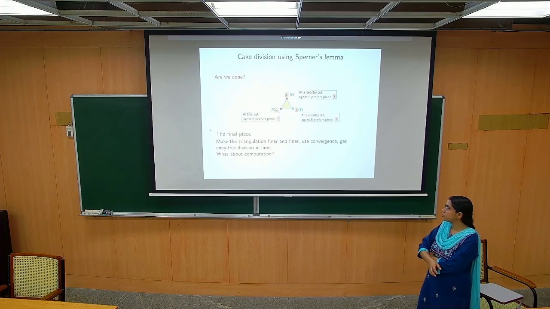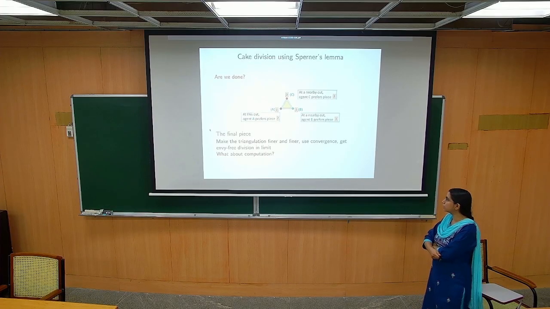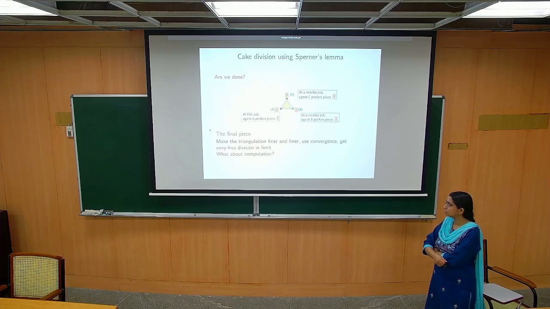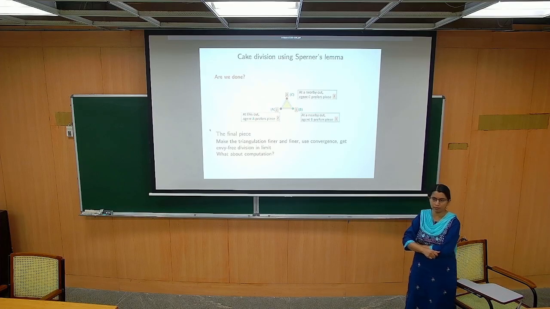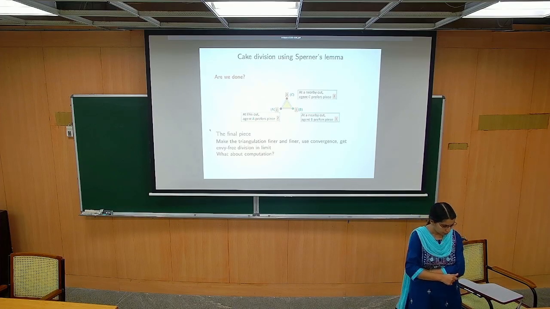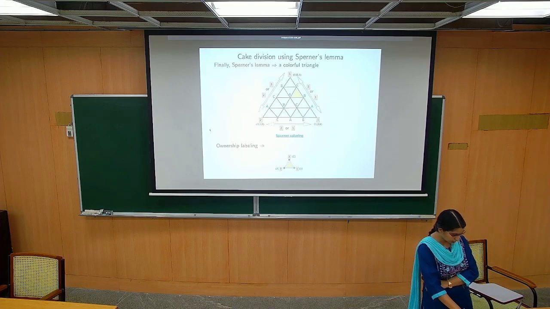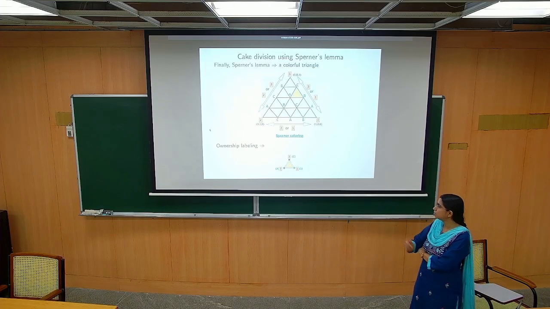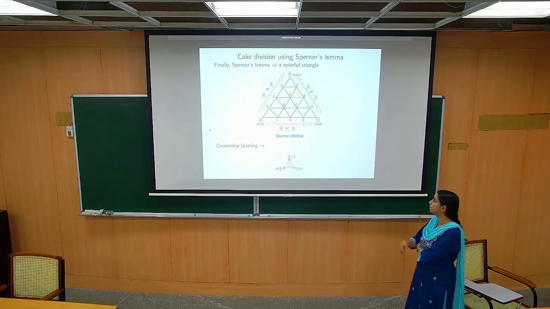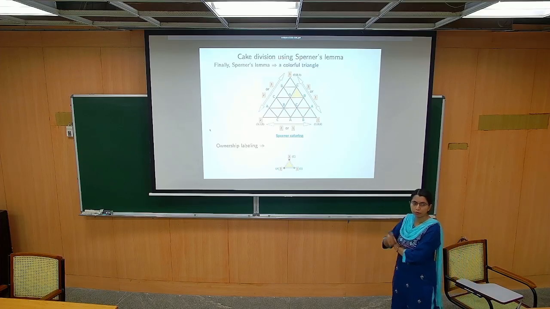But there is also another non-constructive ingredient here. What's that? Even for Sperner coloring, that is fine, we can do it in linear time in terms of number of vertices. But how do we find a colorful triangle?